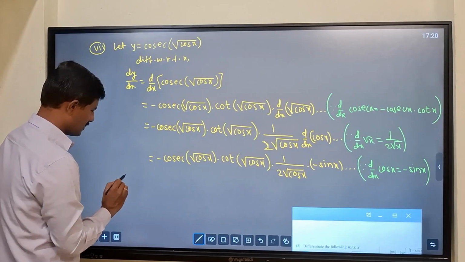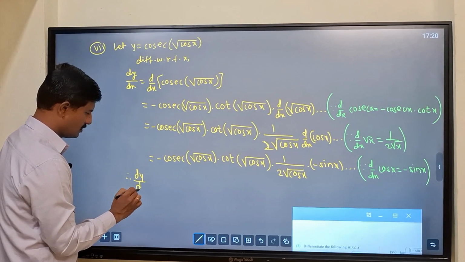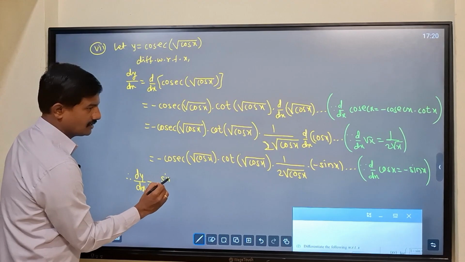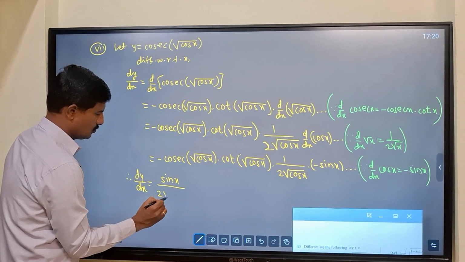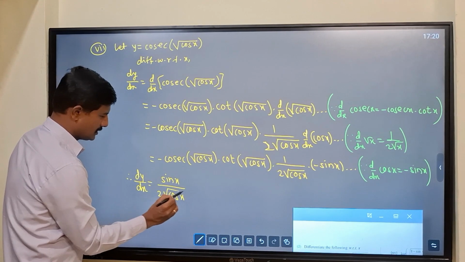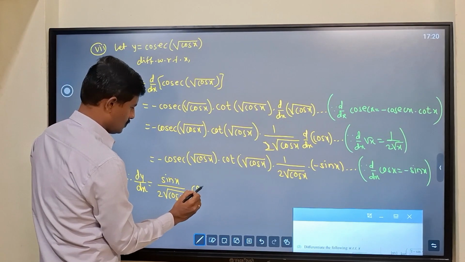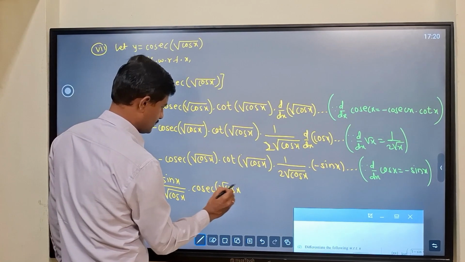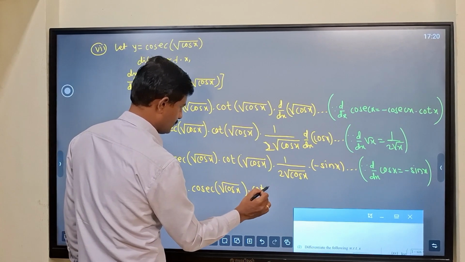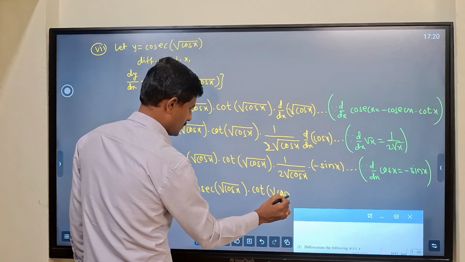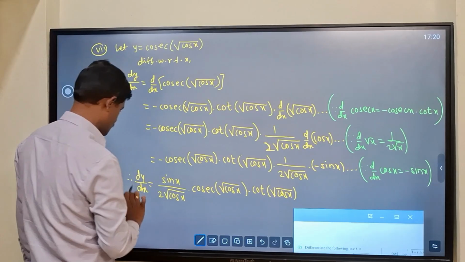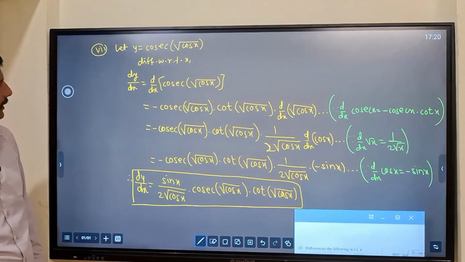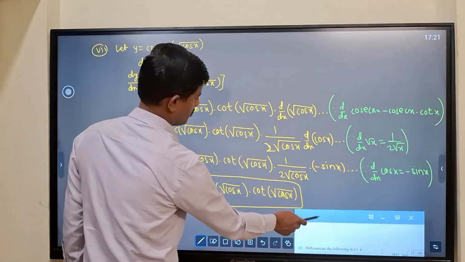And the last part is the rearrangement of those terms. Therefore, dy by dx is minus minus will become plus sin x upon 2 root cos x into cosec root cos x into cot root cos x. This is your answer. Okay, this is the seventh question.